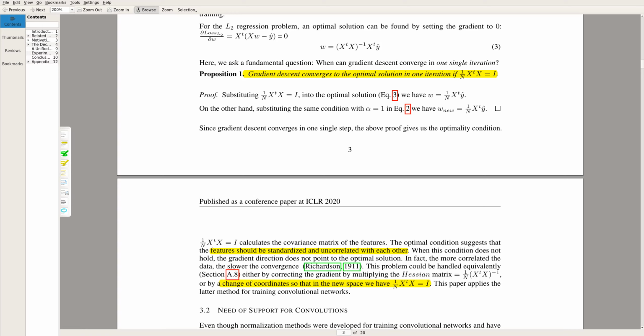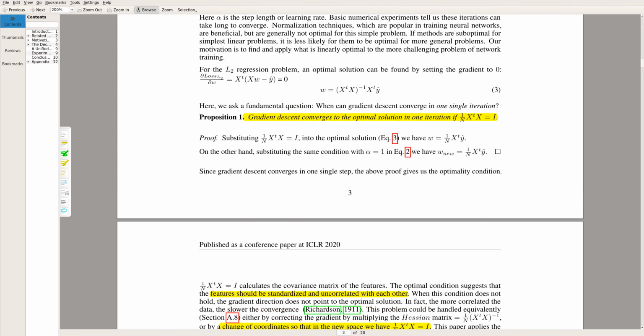The condition is that the transposed data matrix multiplied with the data matrix, divided by the number of dimensions, I think, divided by n, equals the unit matrix.